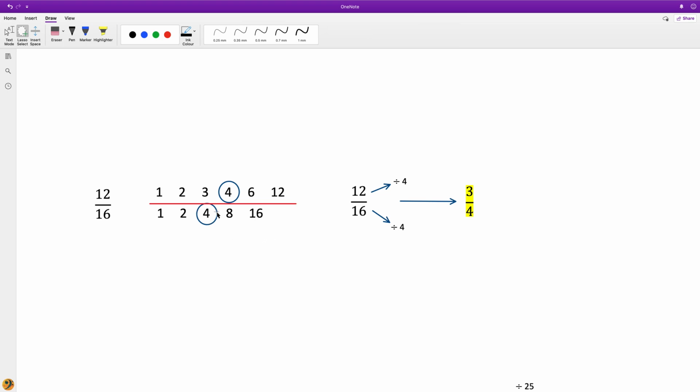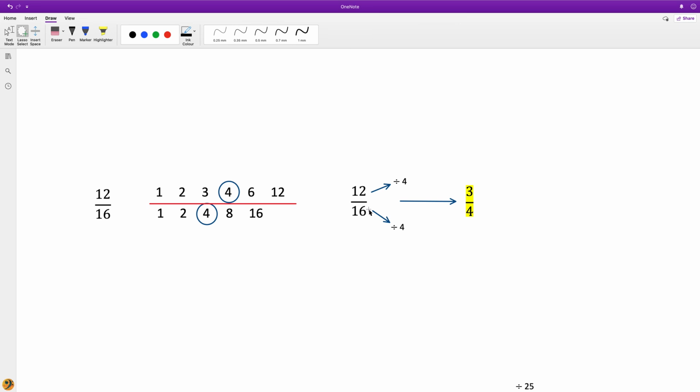Okay, so when we follow the process, there's a few common factors, but the highest one is 4. So that's what we use, 4, to get it to its simplest form. All right, so then we move over here, and we have our fraction 12 over 16. So we divide the numerator, 12, by 4, which was our highest common factor, and we get 3.